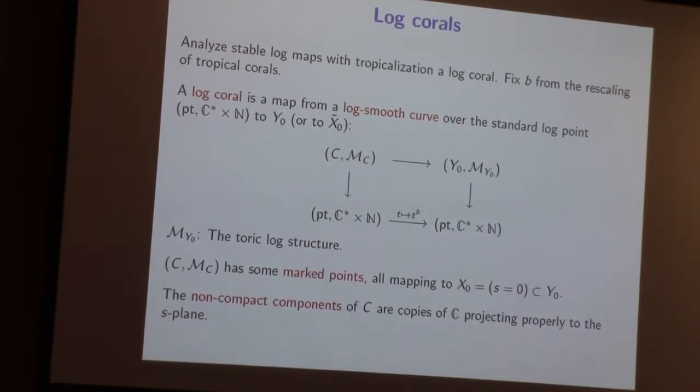Our space is this kind of modulated curve cross C, and we do see this non-compact component, so there will be components going off to infinity. I will draw some pictures very soon. I assume that they should be genus 0, so they are just copies of C attached at one point to the other components. And they should project properly to the S-plane.